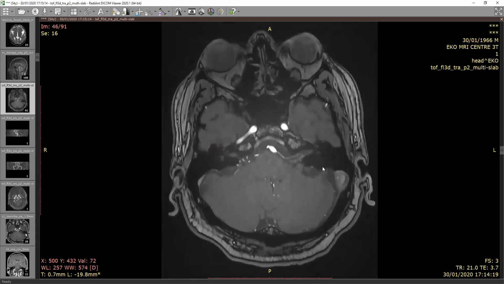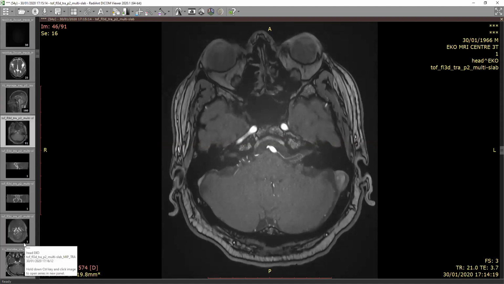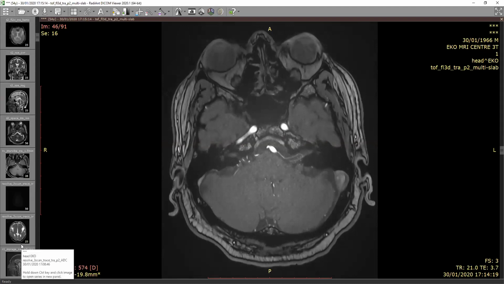Why is it called time of flight? Because it studies the time that a particular molecule in the blood takes to travel from point A to point B, and then it charts its course between those two points. That's why it's called time of flight sequence, and it's mainly used for studying blood vessels.